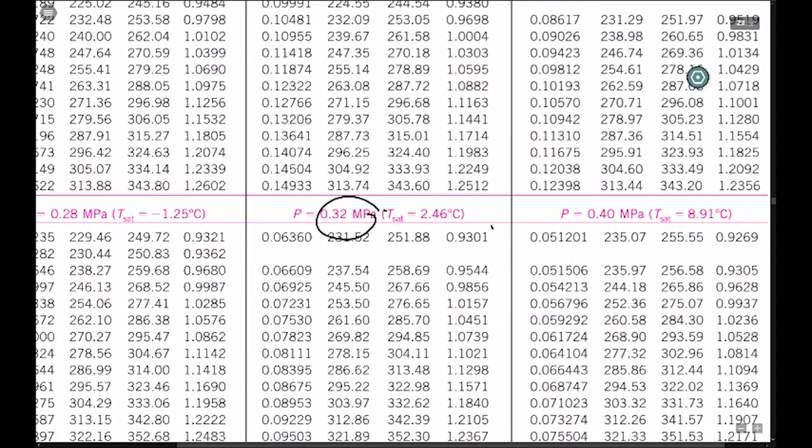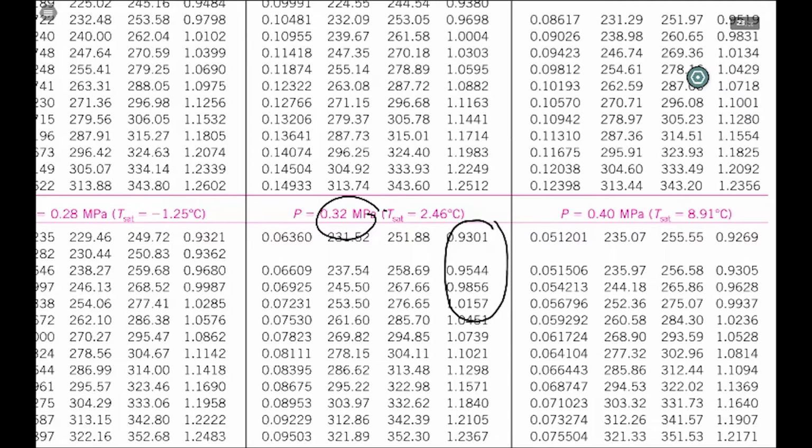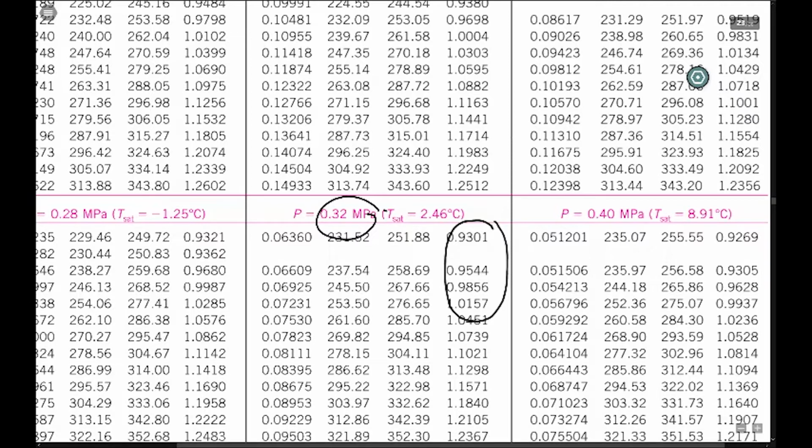Right, so now when we want to search 0.94456, we could not find the exact value of 0.94456. So what we need to do is interpolate the value between the nearest values.